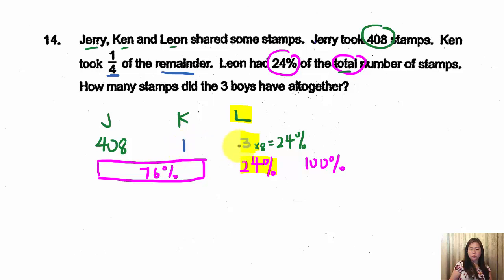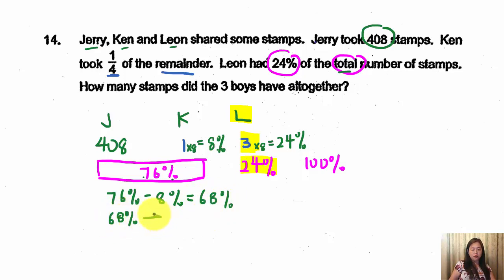Similarly, for this blue number, we have to multiply by 8 too, which will become 8%. So if this is 76% and this is 8%, 76% minus 8% will give us 68%.